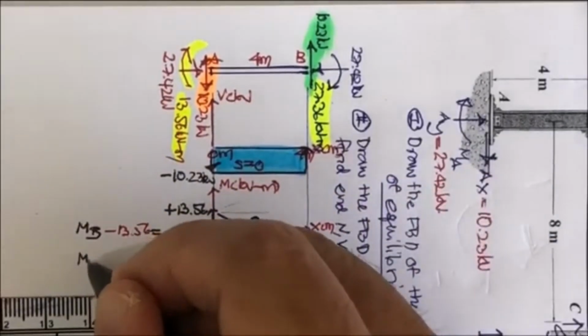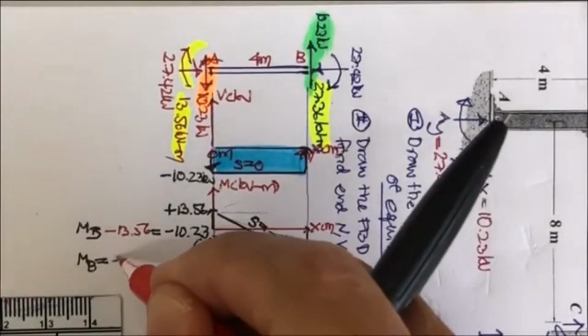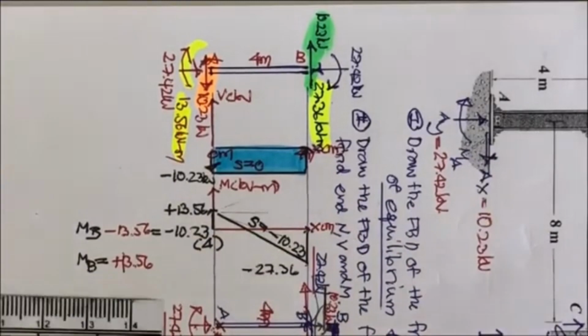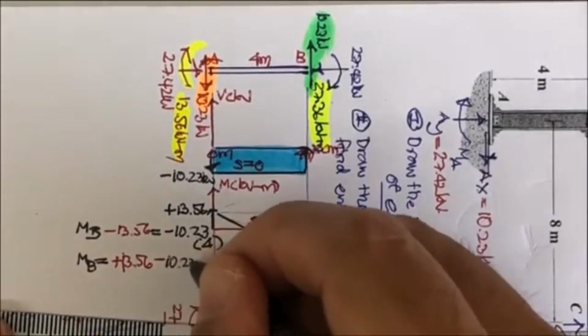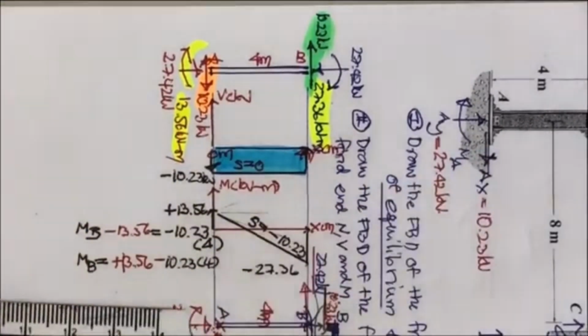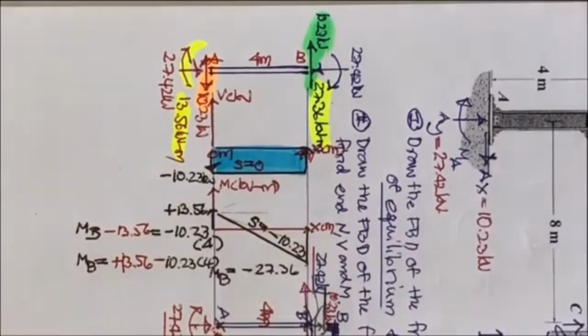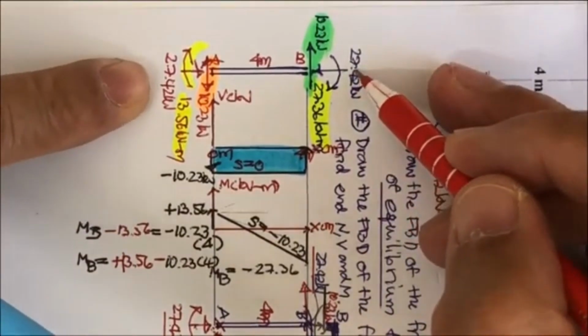So your M sub B is going to be, let's say, plus 13.56, and then minus this number 10.23 times 4. And if you place this into your calculator, you will get M sub B equal to this number. Okay, that's going to be correct. And if you like, you may notice that we have the compression here.